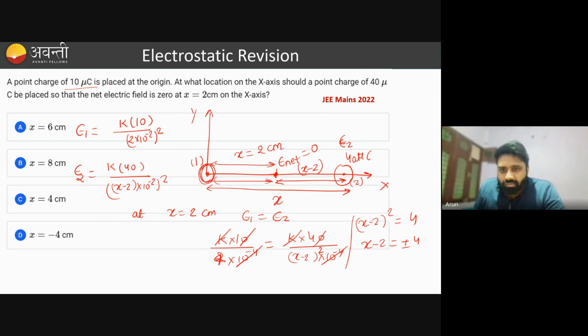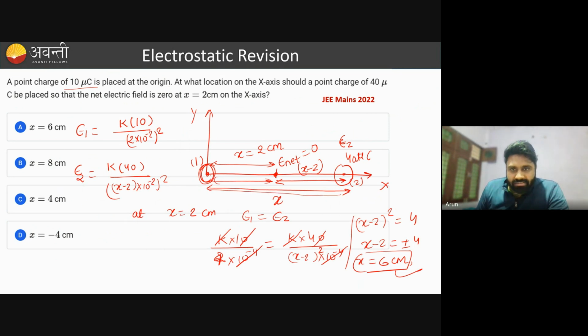If you take the plus value, x will become 6 centimeter. And if you take the minus, x will become minus 2 centimeter. We are not interested in the minus value, we are interested in plus. So x equals 6 centimeter.